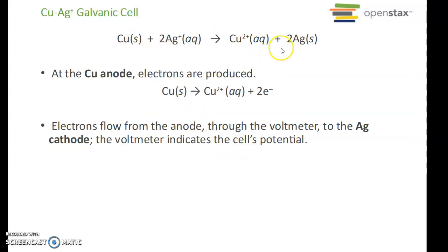So this is the overall reaction, and this is the reaction at the anode. Copper is reacting to produce the copper 2+ ions plus 2 electrons. The electrons flow from the anode through the voltmeter to the silver cathode, and the voltmeter indicates the cell's potential.